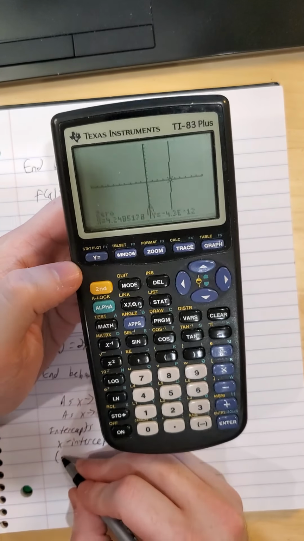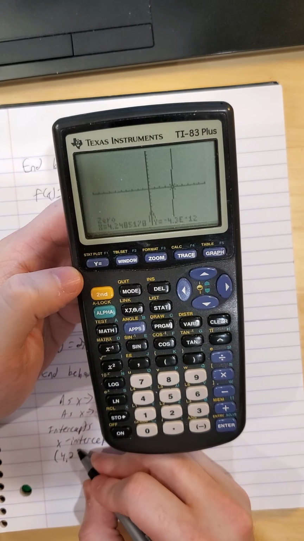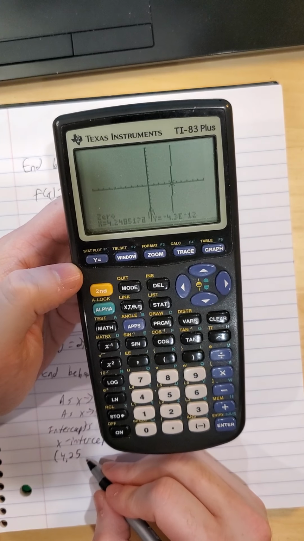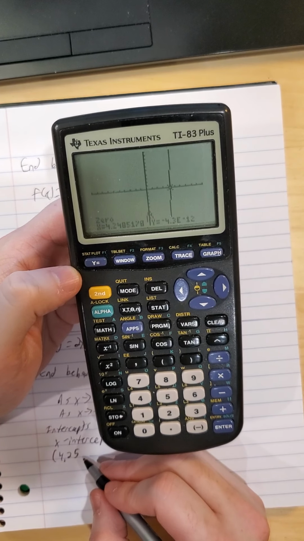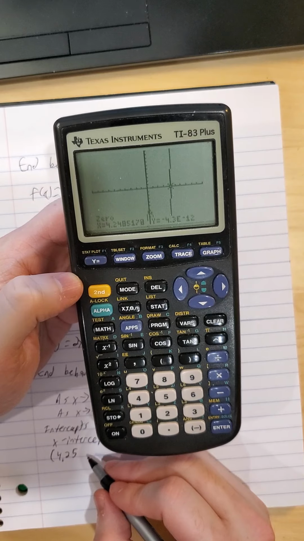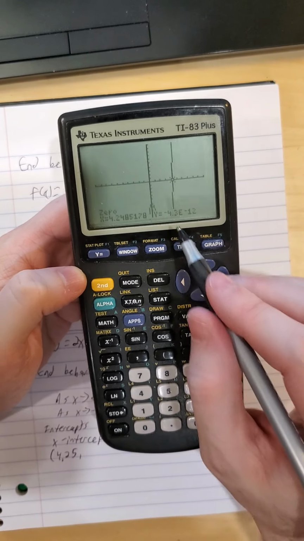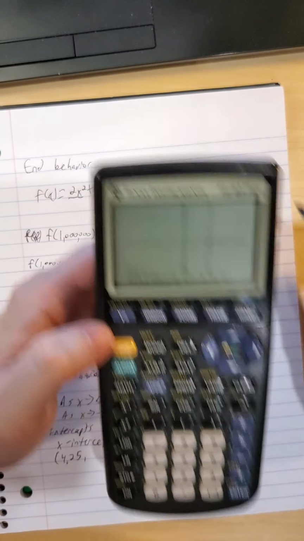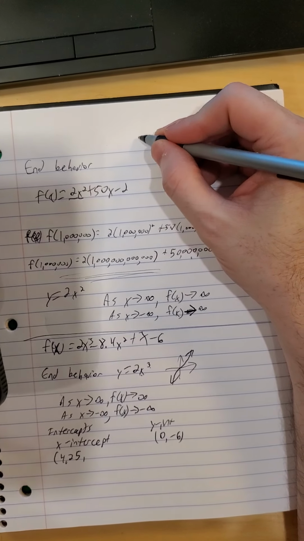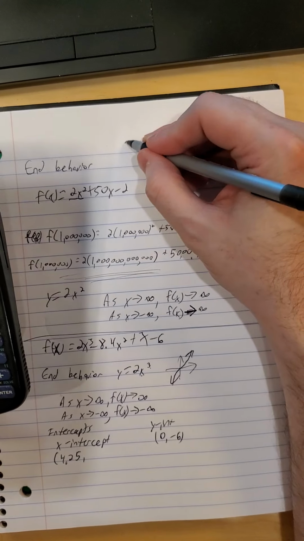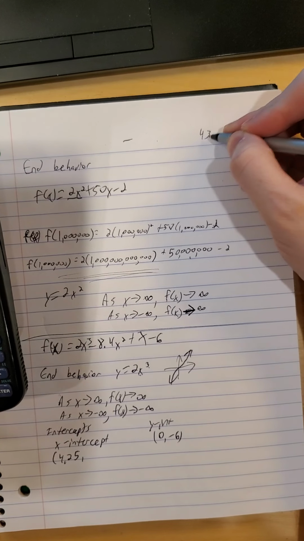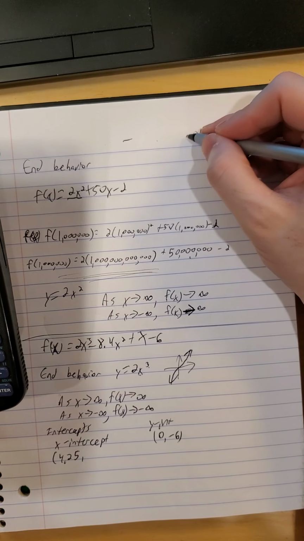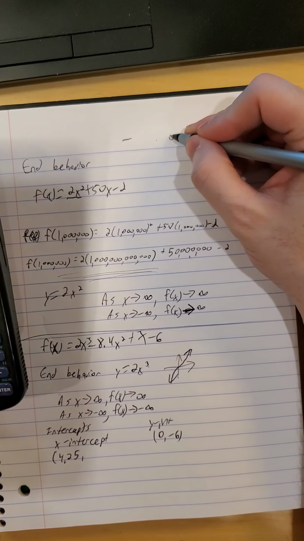So x-intercept about 4.25, we'll round that up to 4.3. This e -12, basically that is the calculator's version of scientific notation. So it's a negative number, a 4, a 3, and 11 zeros in front of it before the decimal.